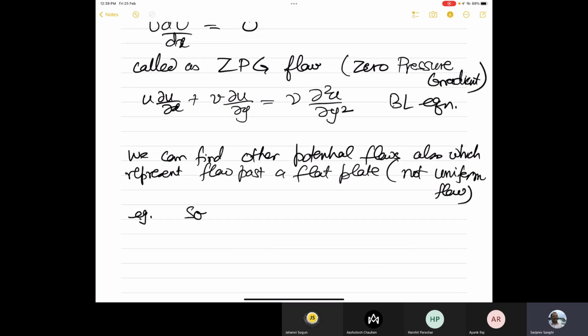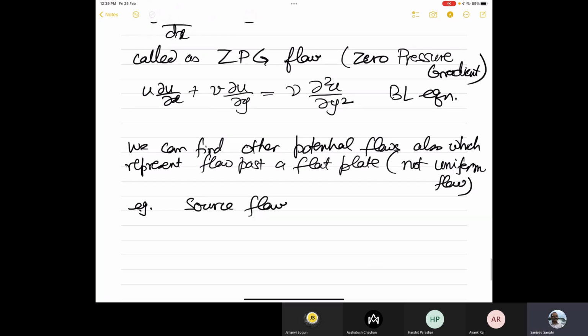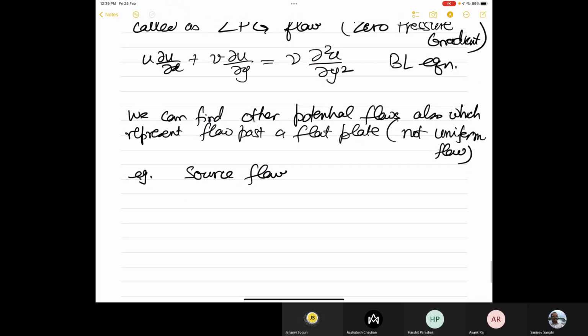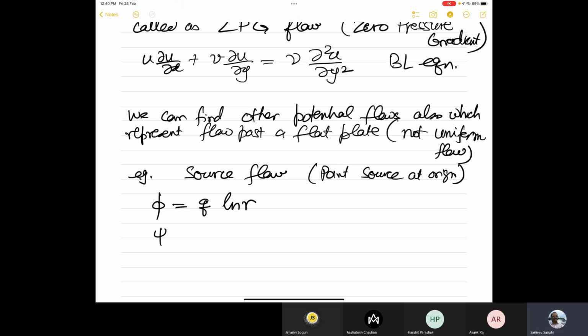The example is, let's look at source flow. This once again you have seen in your undergraduate course. You have a point source at the origin. For such a flow, the potential phi is given by q log r, and the stream function psi happens to be q theta.